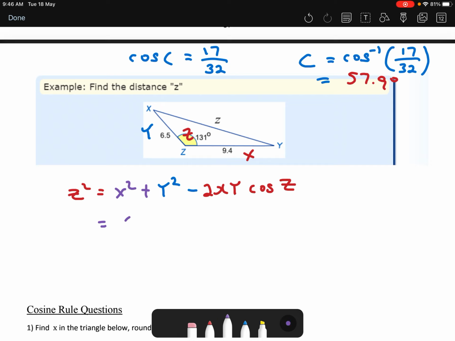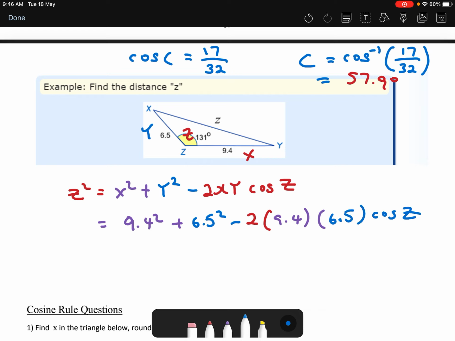Z square is equal to 9.4 square plus 6.5 square minus 2 times 9.4 and 6.5 cosine Z. Sorry, cosine Z we are given, so cosine 131 degrees. Just sub in your numbers.